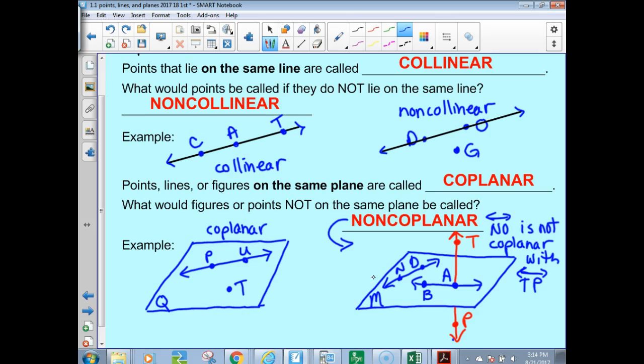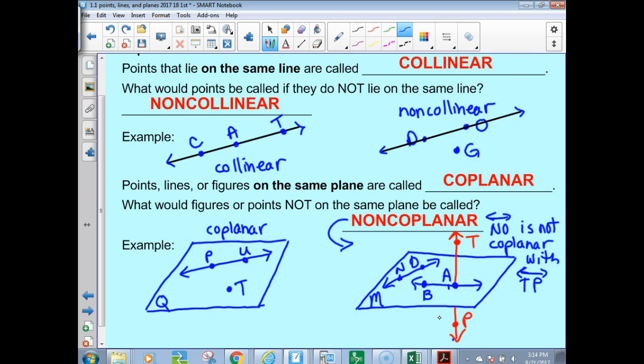Okay. This line back here is not coplanar with this one. Now, the line NO and line AB, they are coplanar. Do you see how they're going to run into each other at some point? So they're going to be coplanar. But these guys, this line and the red line, are not coplanar.